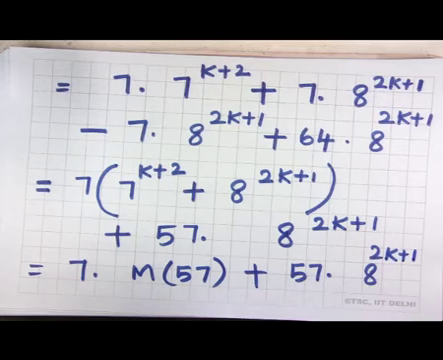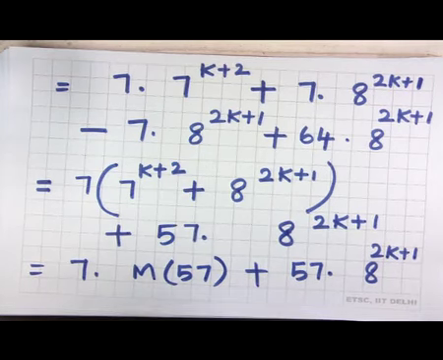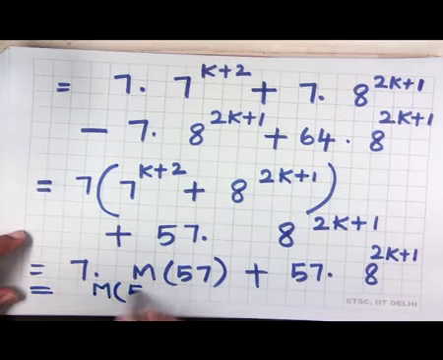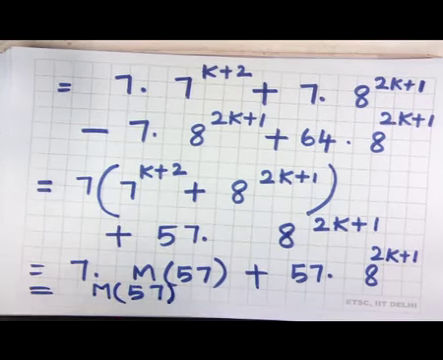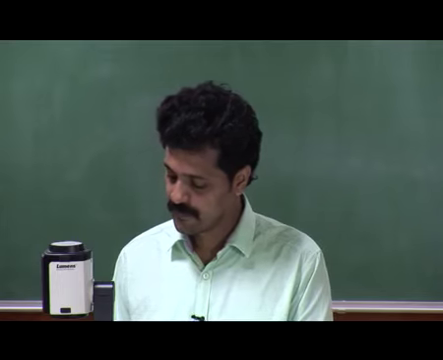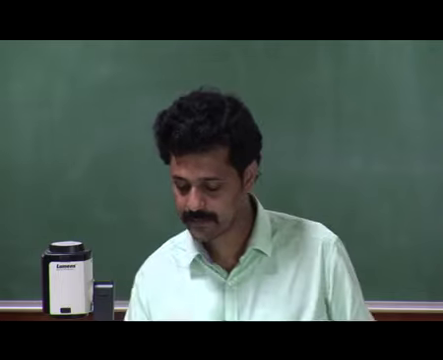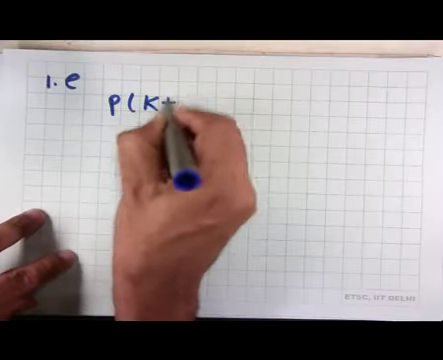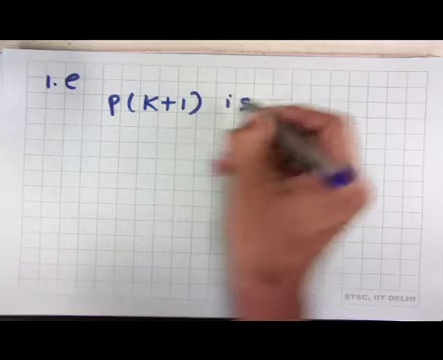It is not hard to see that the second summand is again a multiple of 57. So, you have the sum of 2 multiples of 57, which will again be a multiple of 57, thus establishing what is desired. That is, P of k plus 1 is true.